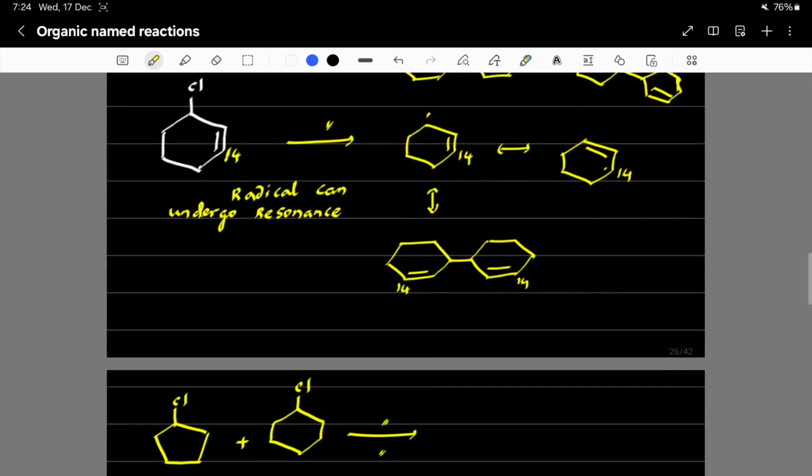Now similarly you can check it, students, with the help of this. Now look at this, student, I will write like this. This is the radical, right. This is the double bond. Now this radical. Now this is C14, I will write. This is the C14.